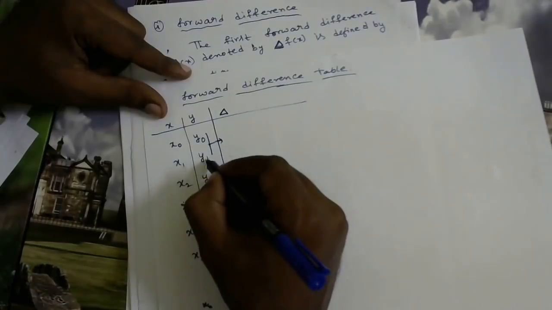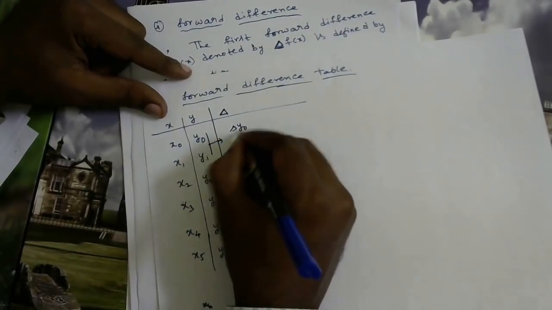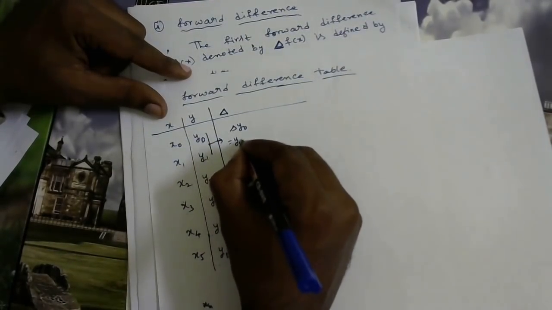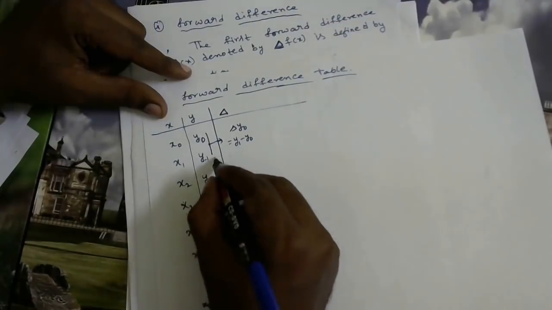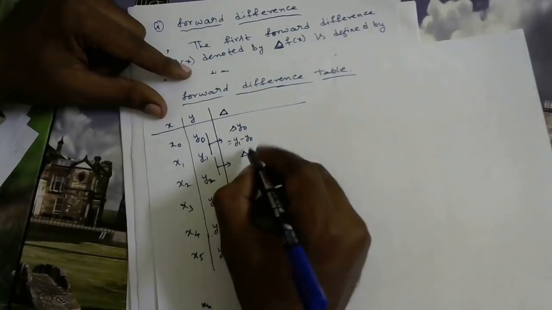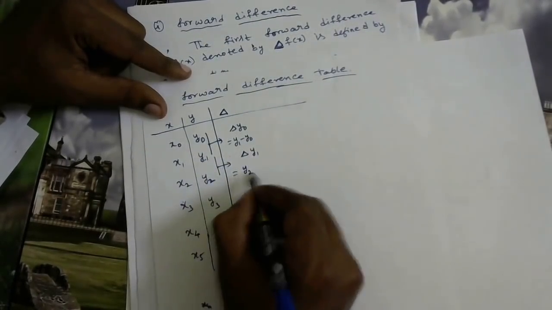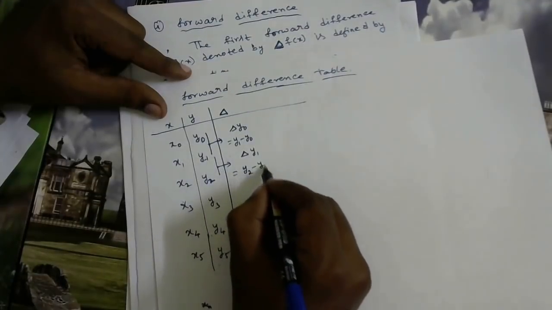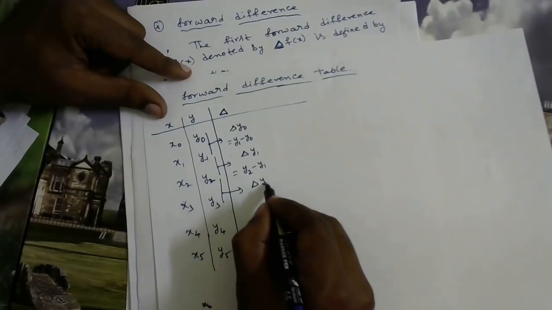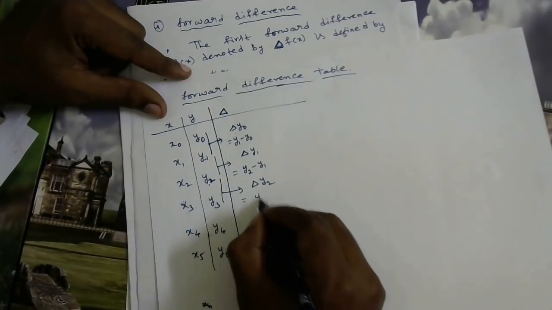So delta y0 equals y1 minus y0, and delta y1 equals y2 minus y1. Here I take this difference: delta y2 equals y3 minus y2.